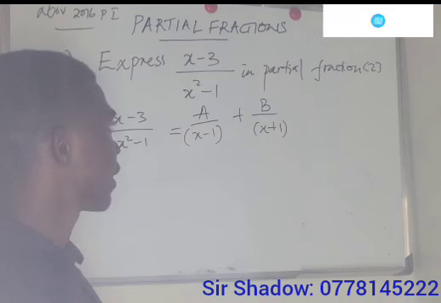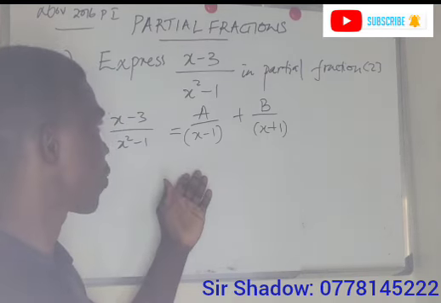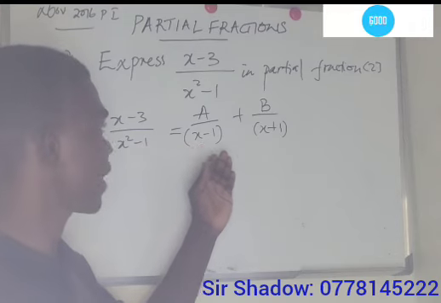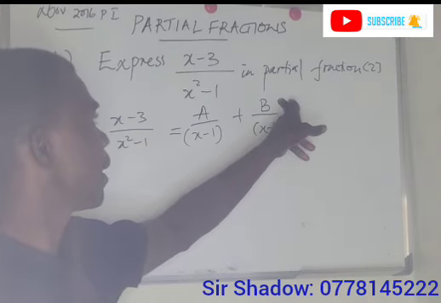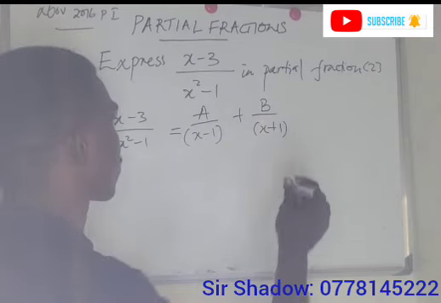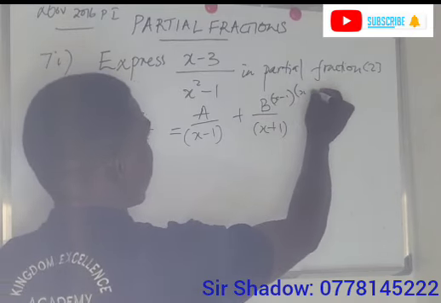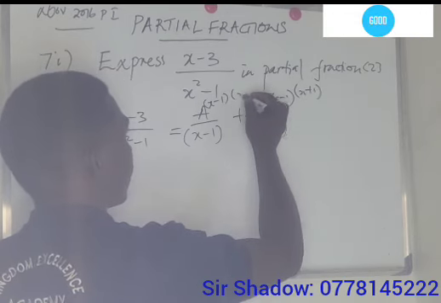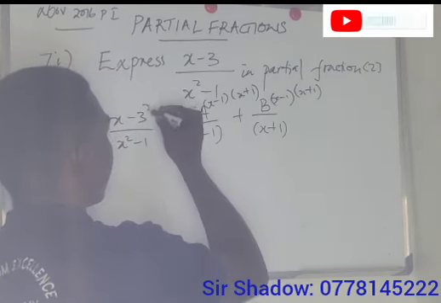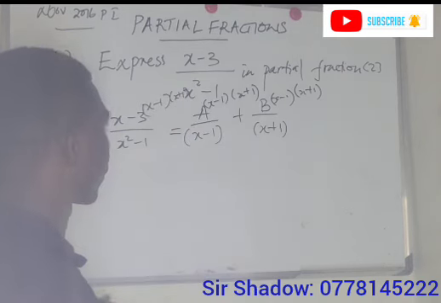So for you to find the value of a and the value of b, we have to find the lowest common denominator. The lowest common denominator is x minus 1 and x plus 1. Then multiply by x minus 1 and x plus 1.